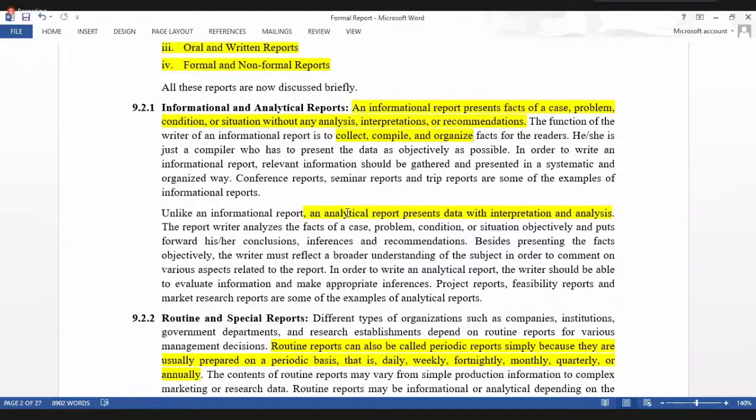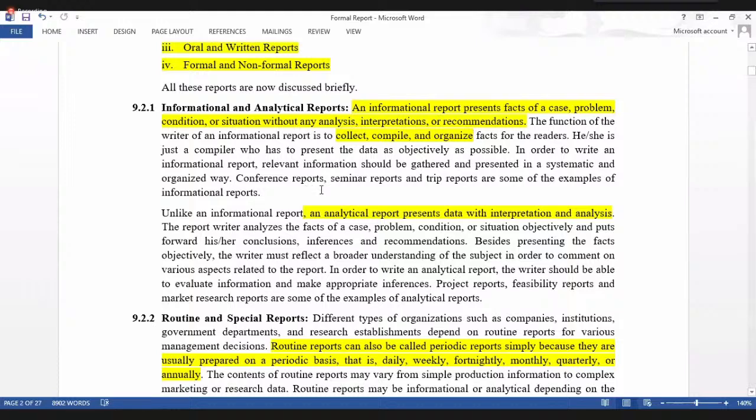The writer collects related information and presents it in a systematic and organized way, in a proper order. Here, examples of information reports are given. Conference reports. Suppose you have recently attended a conference. Now the conference is over, and about that you prepare the report. So that report becomes an information report. You just present the facts.